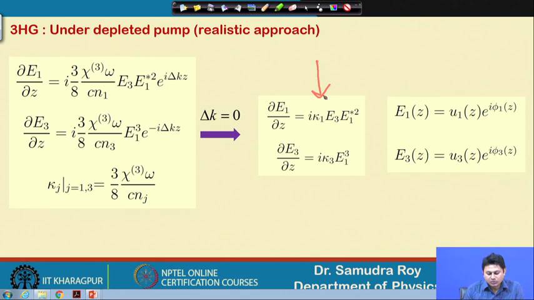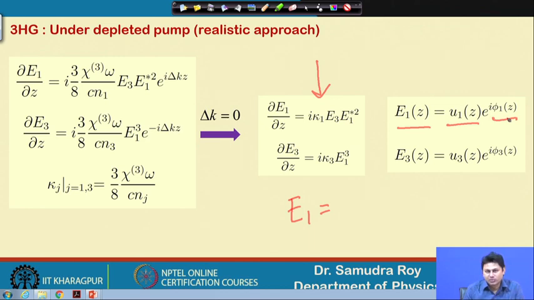Now, once we have a simpler expression, the next thing we need to do is to calculate the amplitude and corresponding phase separately, because we know that E1 is a complex amplitude. E1 is basically a complex quantity. It should have an amplitude and also a phase. So, in order to understand how the amplitude and phase will vary, we divide this total electric field, which is a complex electric field, into two parts. One is the amplitude part and another is the phase part. And we know that any complex quantity can be represented in terms of r e to the power i theta.